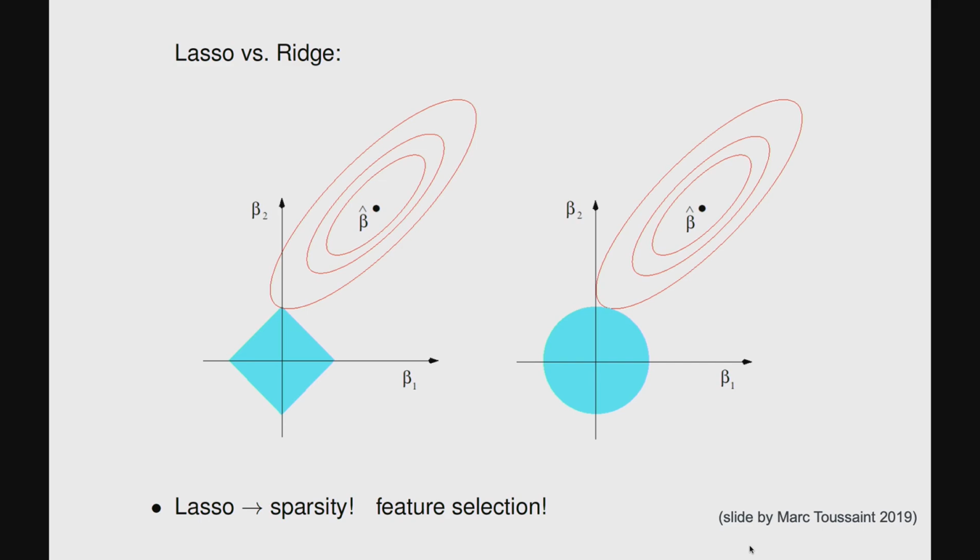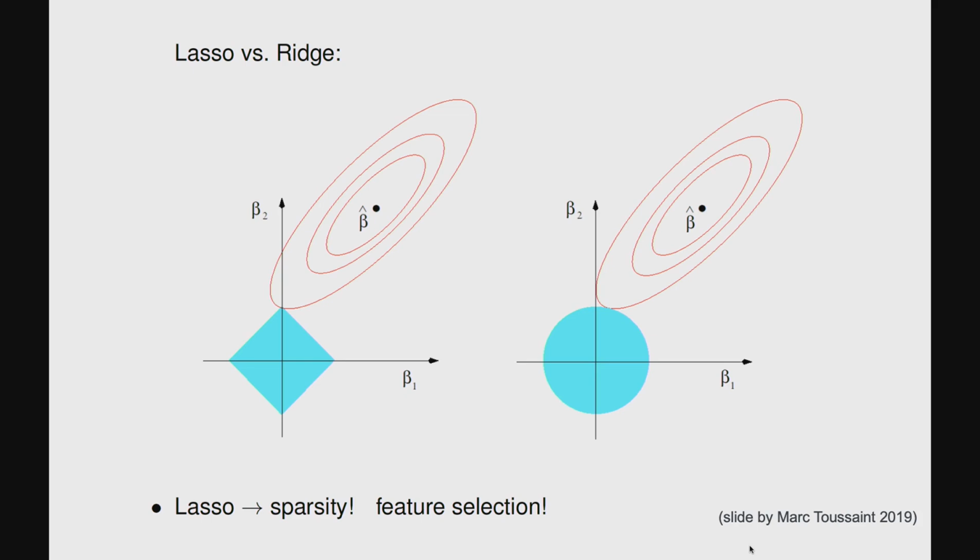Because let's say this is 1, 0, then the sum is 1. If this is 0, 1, the sum is 1. And if this is somewhere in between, it is on this straight line. Likewise, for ridge, we said that beta 1 squared plus beta 2 squared is less than 1. Then this is a circle exactly, not a diamond. So these are the allowable regions for our betas.